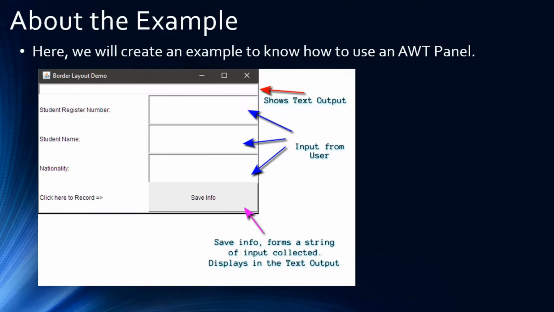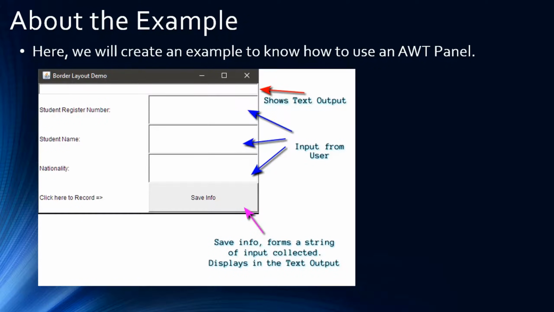At the top, you see there is a text box which occupies the entire width of our frame window, marked with a red arrow. That text box we are going to use to show some text output. Note that the text box is occupying the full width.